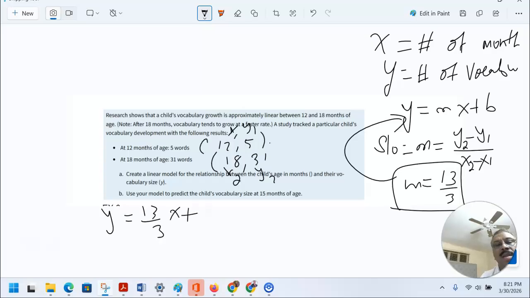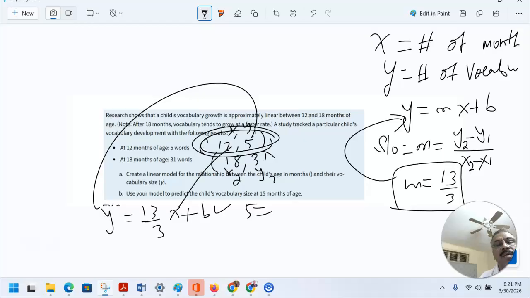And you want to know b, so plug in this piece. So this 5 goes here, and this 12 goes here. So 13 over 3 times 12, okay? And plus b. B is what our goal is, to figure out b. 3 crosses out, 4 times 13 is 52.